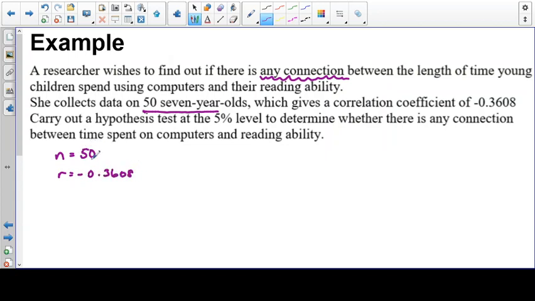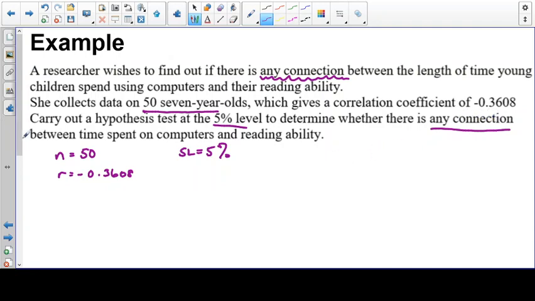So this is our sample and it's giving us negative correlation. Carry out a hypothesis test at 5%, so the significance level is 5%, to determine whether there is any connection between time spent on computers and reading ability. Now, in this particular question, it asks for any connection. So what do you think that means?